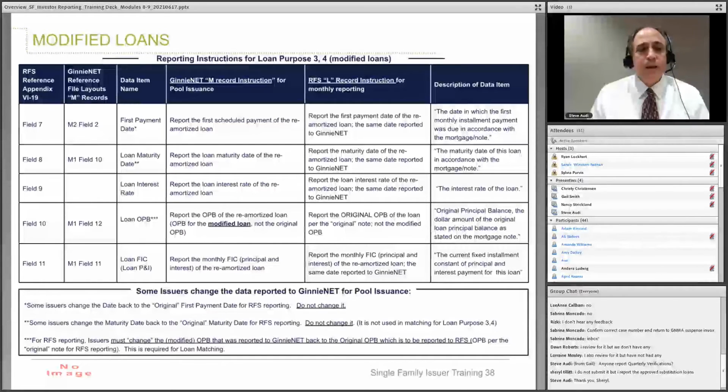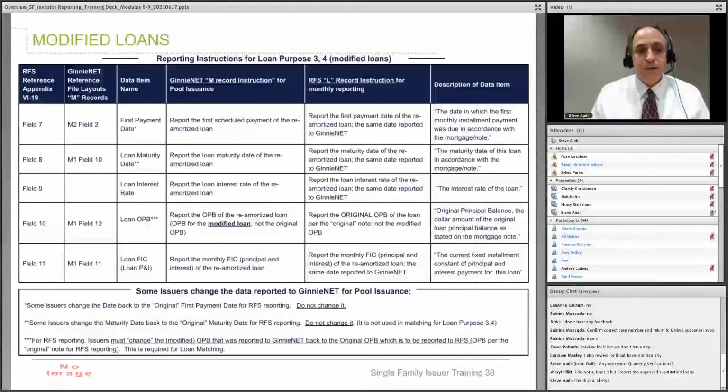Okay, if you see in the table there are 5 fields that are affected by this reporting, and you can see on the RFS loan record in Appendix VI-19, these are fields 7, 8, 9, 10, and 11.